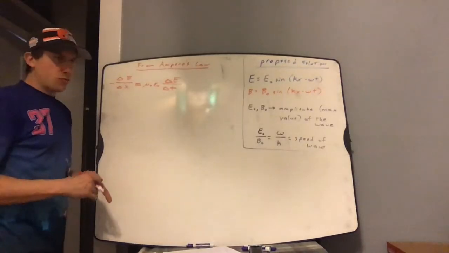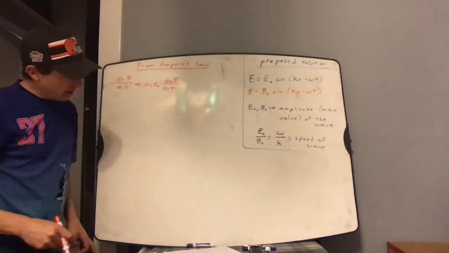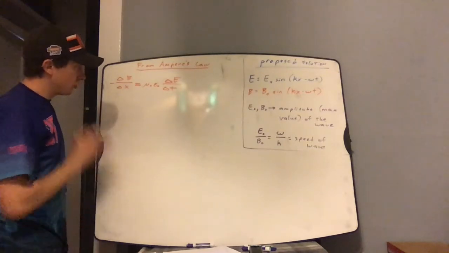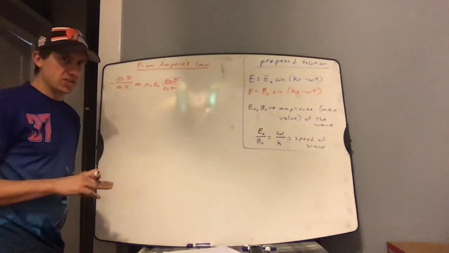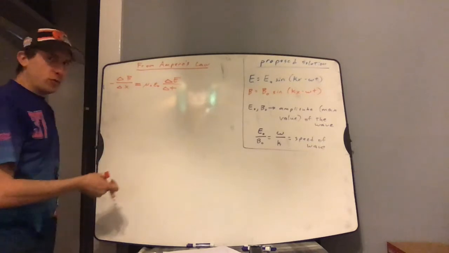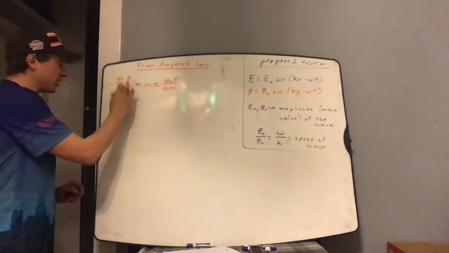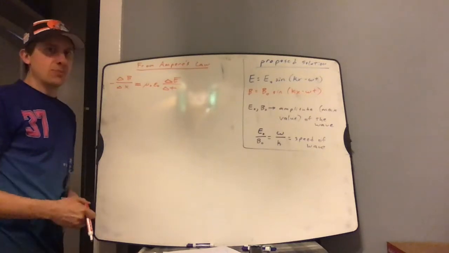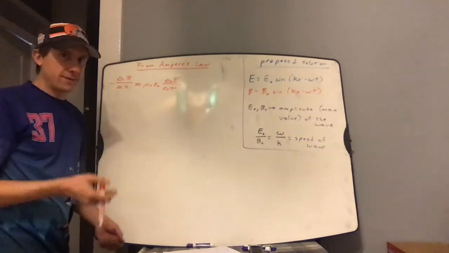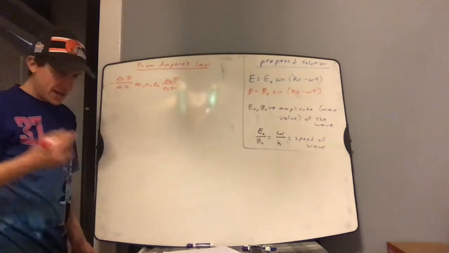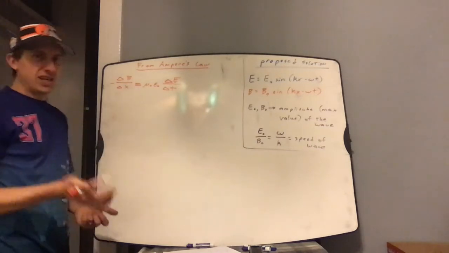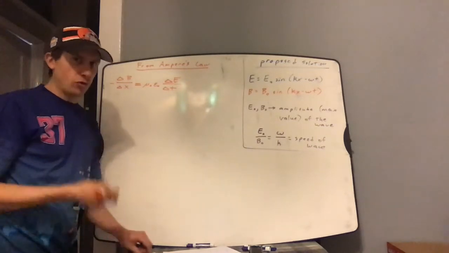We are going to take our proposed solution and apply it to Ampere's law in a very analogous manner. In the limit where these deltas become infinitesimally small, the delta B over delta X will become a partial derivative of magnetic field with respect to X. And again, a full derivative is just symbolized by a lowercase d.